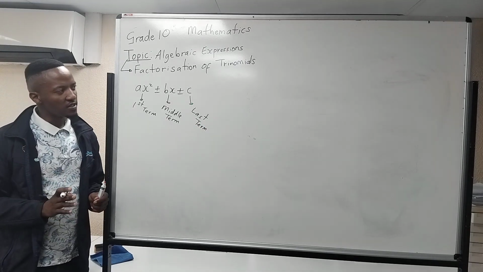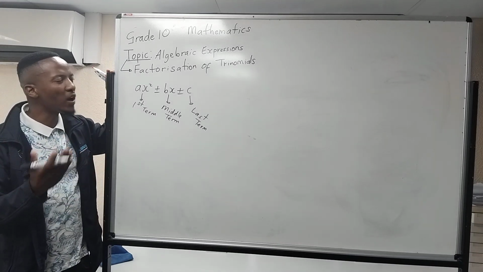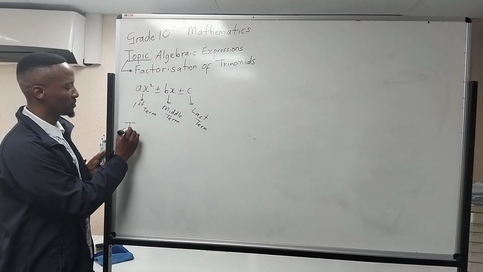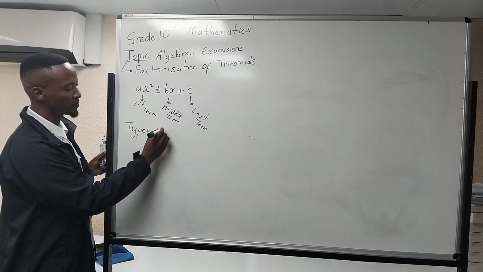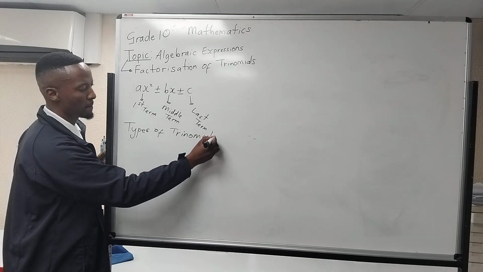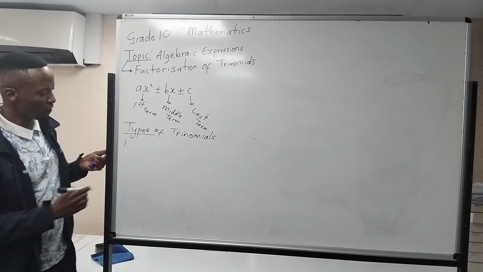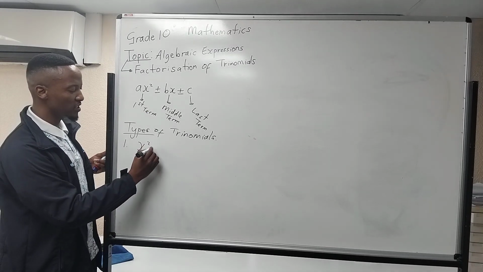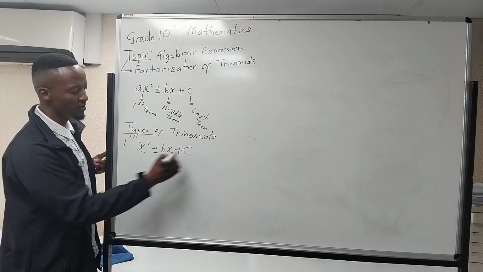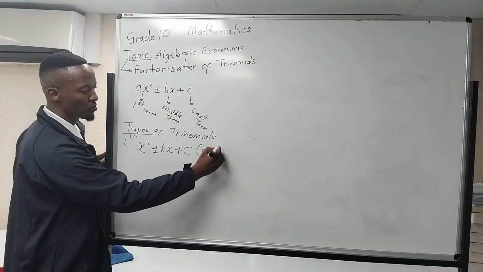Now, great learners, it is expected of you to factorize three types of quadratic trinomials. The first type is in the form of x squared plus or minus bx plus c, whereby the value of a is equal to positive 1.